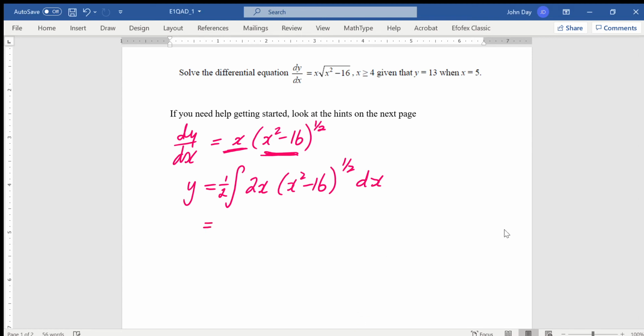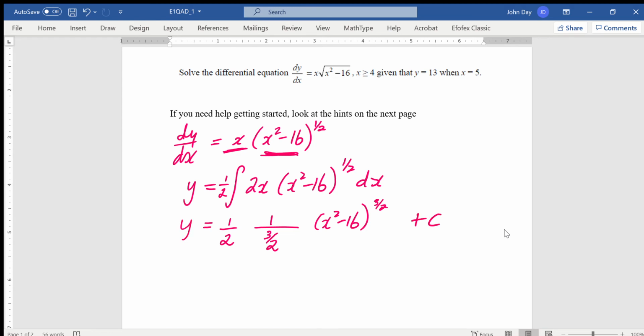So this will end up being a half, and then we've got 1 on n plus 1, so 1 on half plus 1, which is 3 over 2, and then f of x, which is our x squared minus 16, to the power of n plus 1, which is 3 over 2, and of course there'd be a plus c. So there's our value for y.